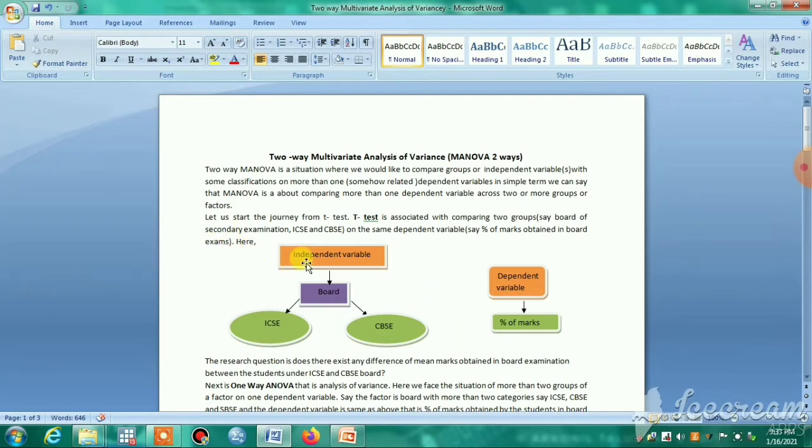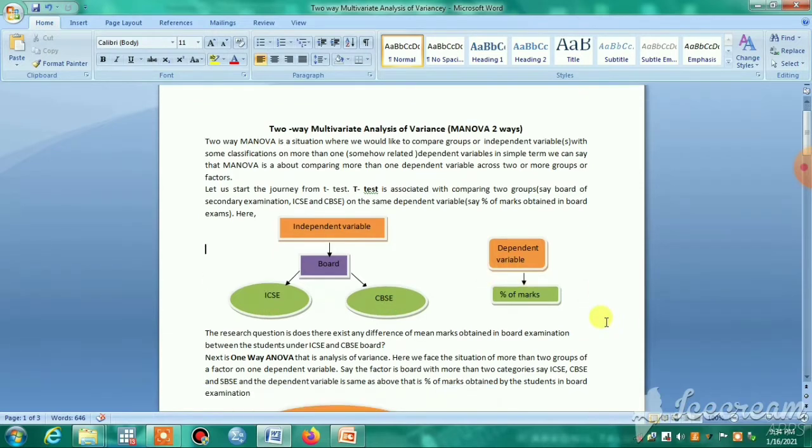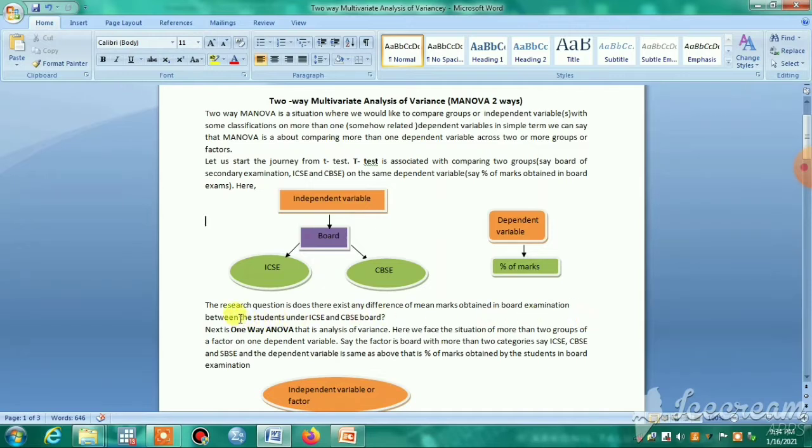Therefore, here the independent variable, that is board, has two categories. So one factor, board, has two categories, ICSE and CBSE, and the dependent variable is percentage of marks. So in the t-test, our research question is, does there exist any difference of mean marks obtained in board examination between the students under ICSE and CBSE?